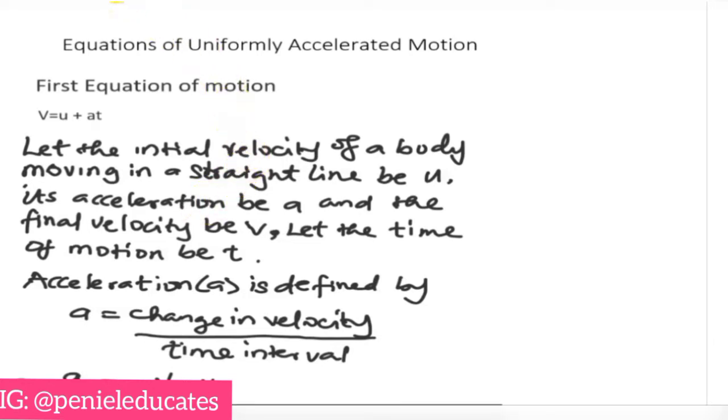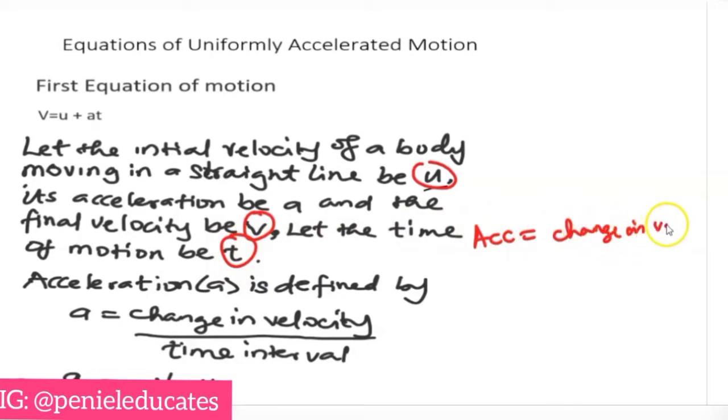Let's say that we have the initial velocity of a body moving in a straight line to be u. Then we have the final velocity to be v, and the time of motion to be t. Now acceleration is given as change in velocity over time. So we have a, which is the acceleration, to be v minus u all over t.